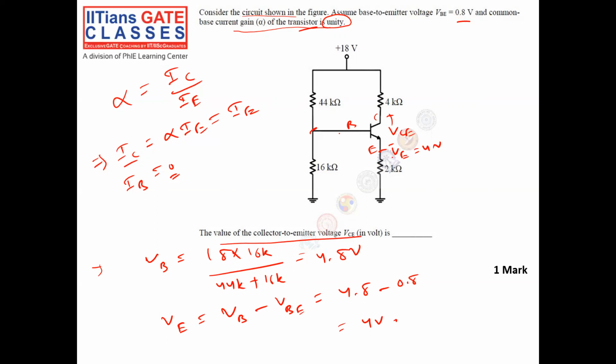Then what is IE? IE is equal to V by 2K, which is 4 volt by 2K, equal to 2 milliampere. Right? And what is IC? IC is also equal to 2 milliampere because IC is equal to IE.